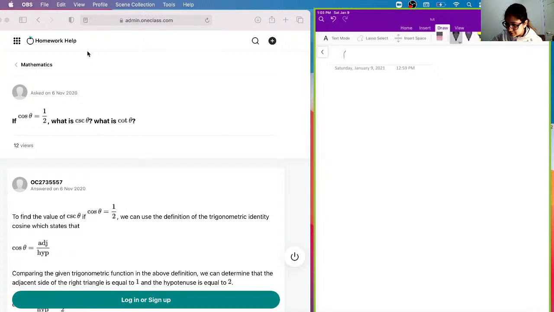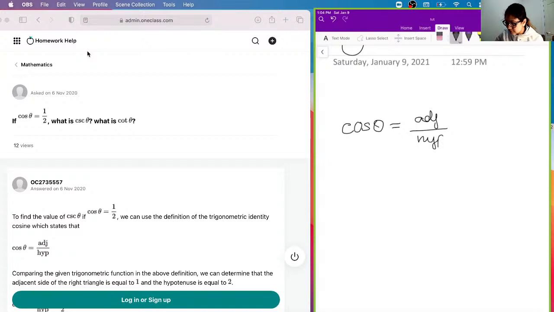So our first question says, what if cos theta is equal to half? What is cosecant theta? What is cotangent theta? To find the value of cosecant of theta, given that cos theta is equal to half, we can use the definition of cosine: cos of theta is the ratio of adjacent over hypotenuse, right?